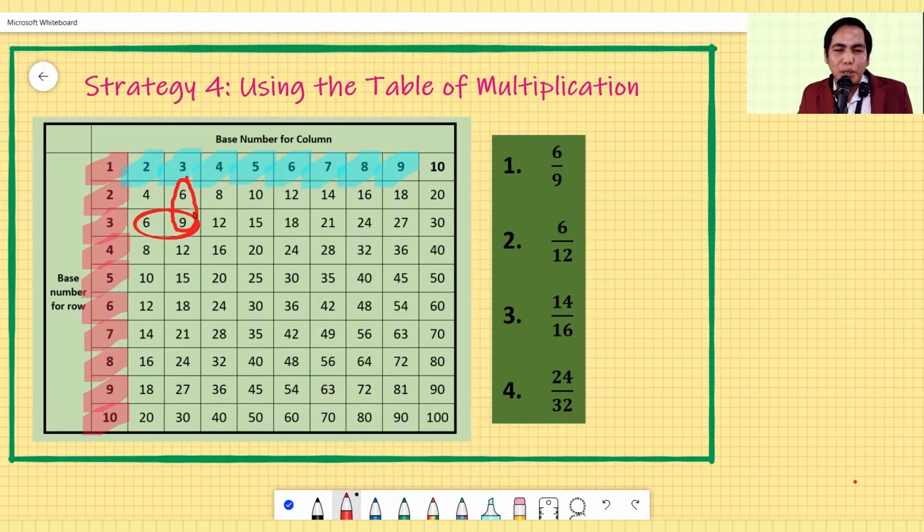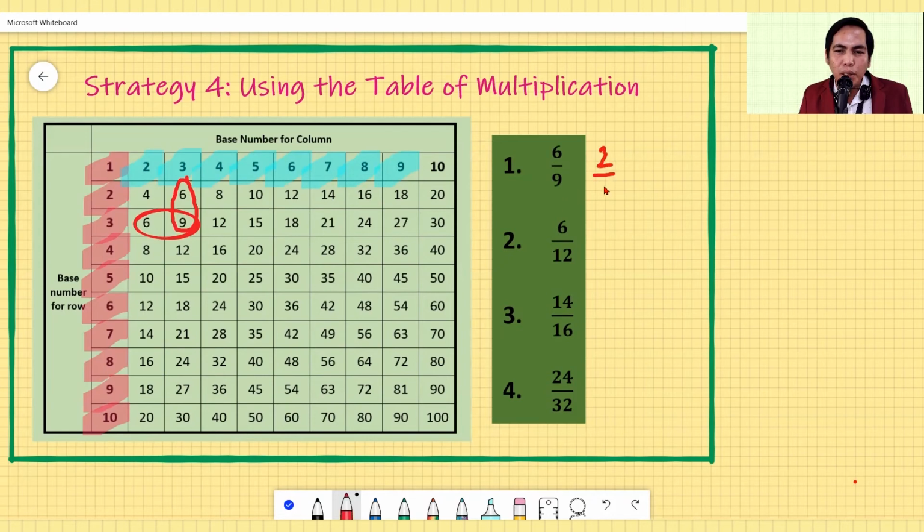Now, the lowest term of 6 and 9 is actually the base number, which is found in this column or in this row. So for 6 and 9, we can use this base number 2 for 6 and 3 for 9. Therefore, the lowest term of 6/9 is 2/3.